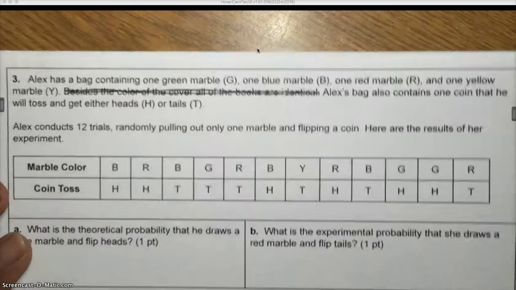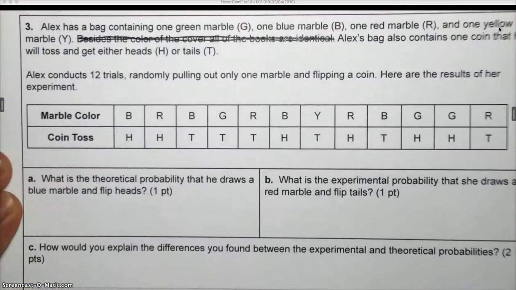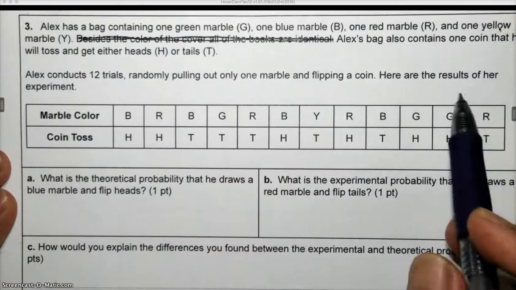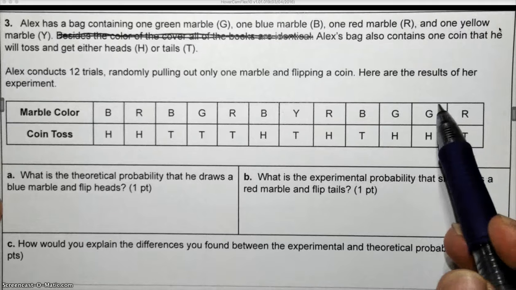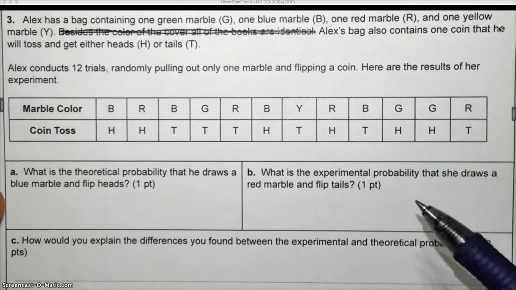Okay. It says for number 3, Alex has a bag containing 1 green marble, 1 blue marble, 1 red marble, and 1 yellow marble. Here it says, besides the color of the cover, that's just a typo. It doesn't need to be there. Alex's bag also contains 1 coin that he will toss either heads or tails. Okay. Alex conducts 12 trials.